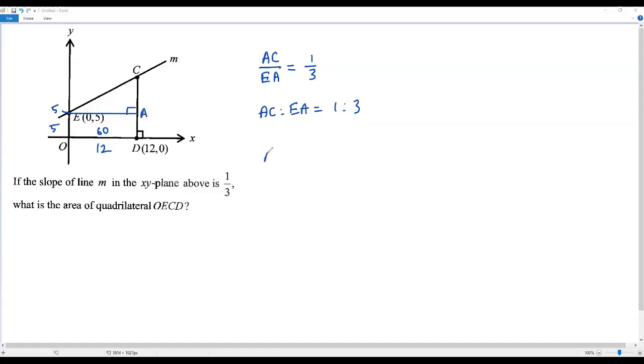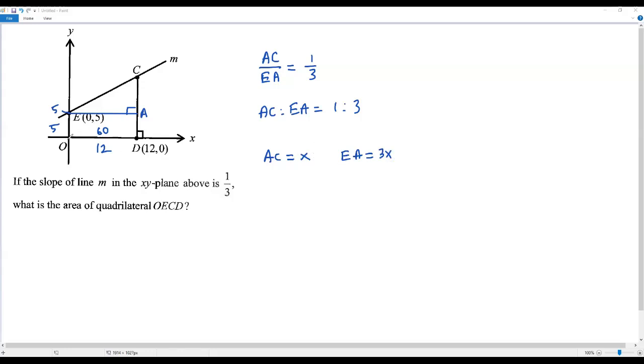So the length of AC equals 1 times x, which is x. The length of the line segment EA equals 3 times x, which is 3x. So this 3x is the length of EA and this x is the length of AC.